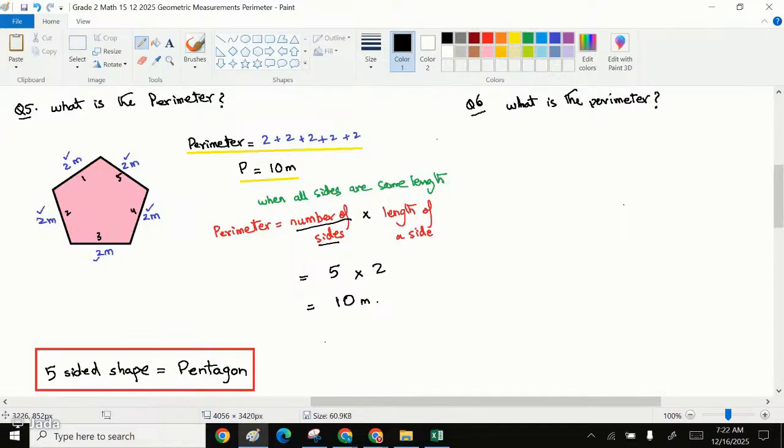What is the perimeter? In this question, they're using a 6-sided shape.